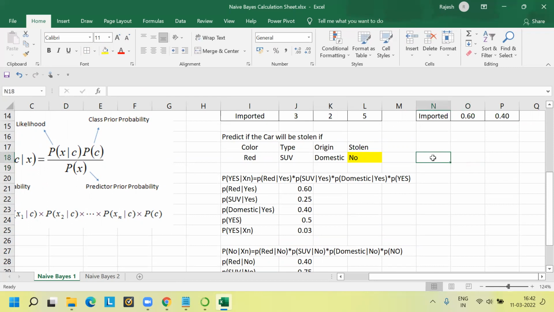Probability of no is greater than probability of yes, which is 0.09 greater than 0.03. Right? Exactly the same process is done by any software: R, Python, SAS, SPSS, any software will do the same process using conditional probability and Bayes theorem.